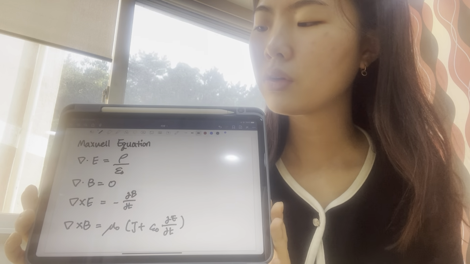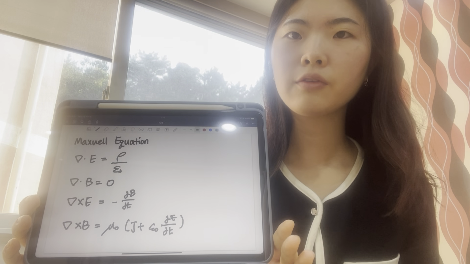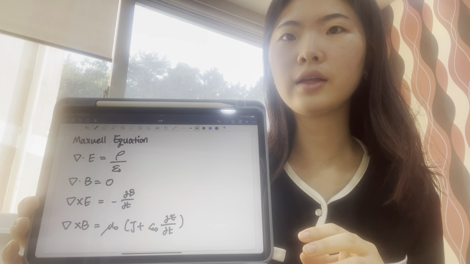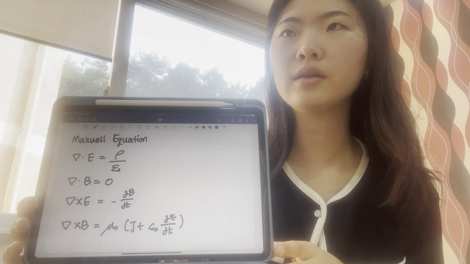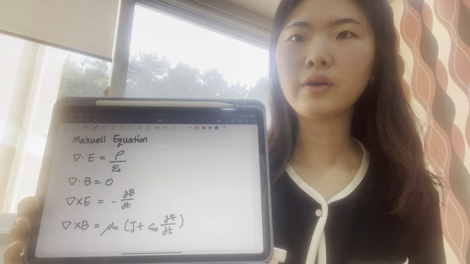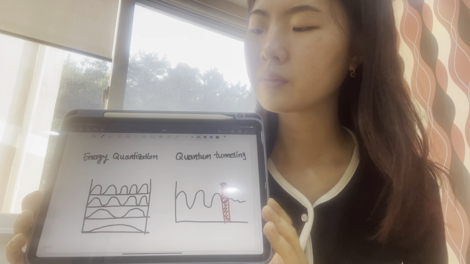In conclusion, those 4 equations mean electric field and magnetic field influence together, and then the current will be made by those electric field and magnetic field. So we should know about these equations well.